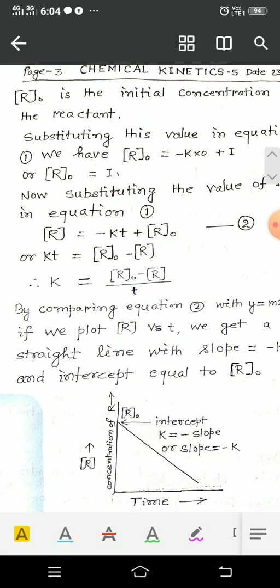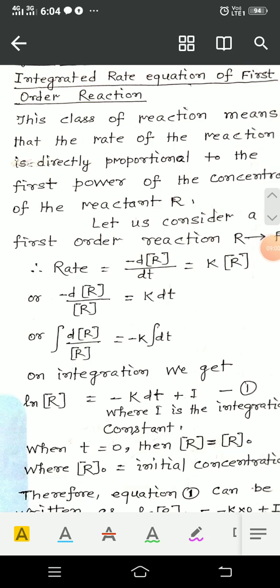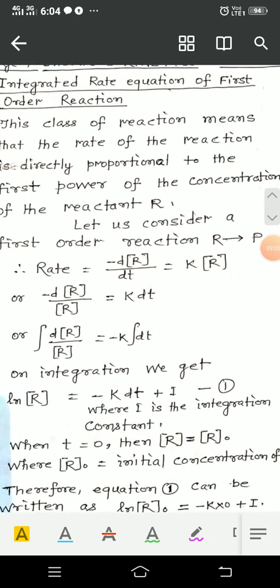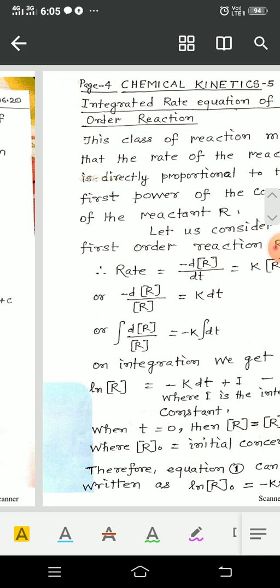Now the integrated rate equation of first order reaction. That was the integrated rate equation of zero order reaction. Now it is the first order reaction.